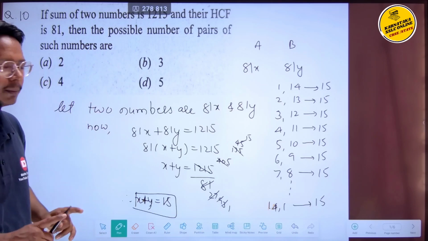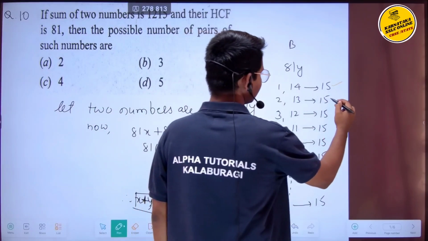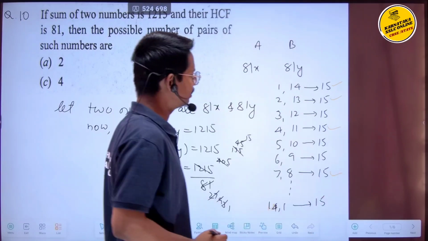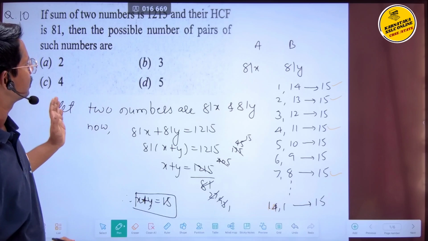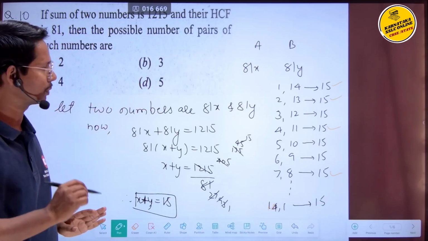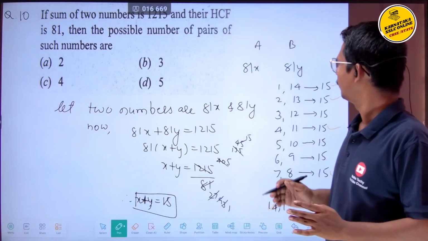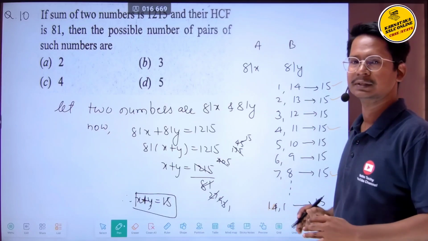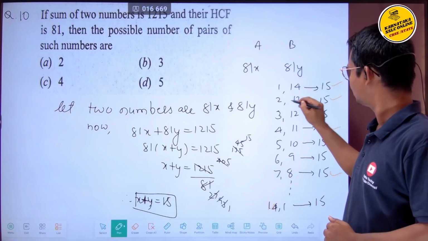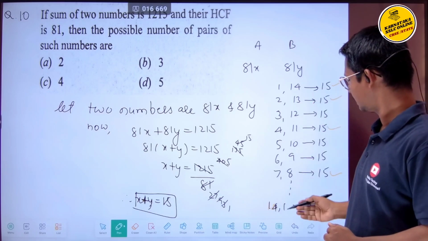The actual pairs are 1 comma 14, 2 comma 13, 4 comma 11, and 7 comma 8. It means there are only 4 possible pairs which satisfy the condition. But now I ask you students, why don't we consider the other pairs?